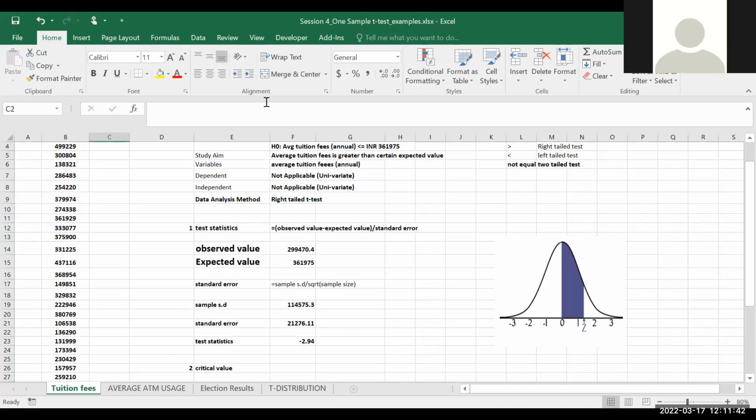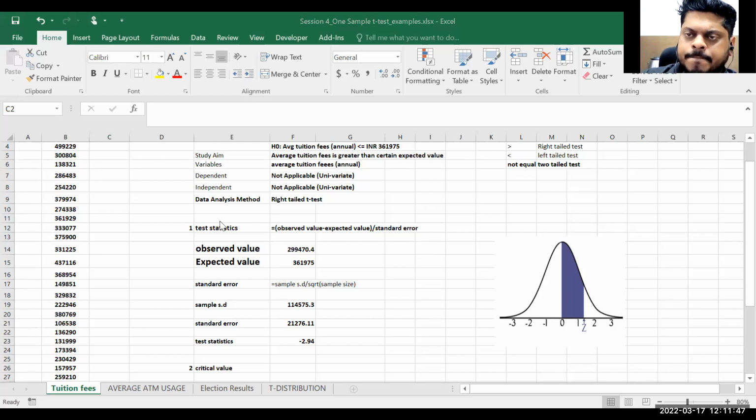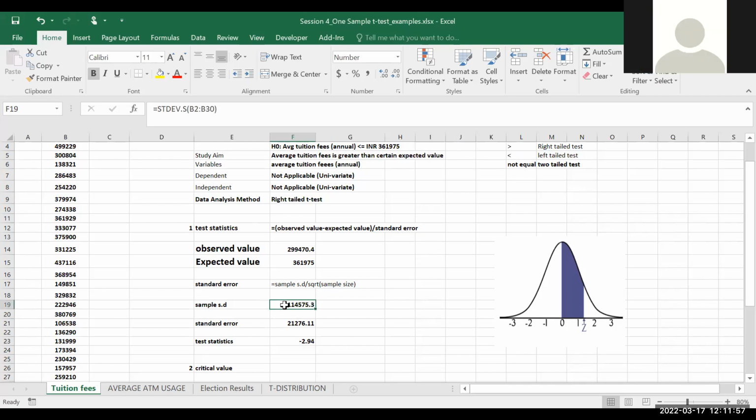Okay. Sir, any other questions here? The standard error is coming different from yours. Check your formula, what formula you have used. It is coming 3,950.8739. Check the formula.